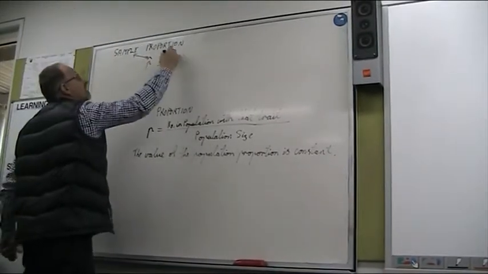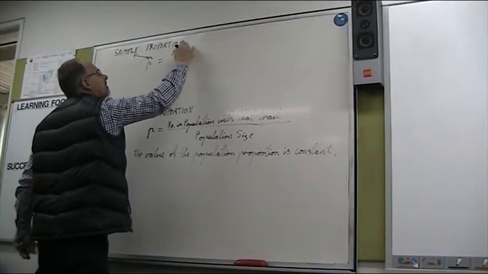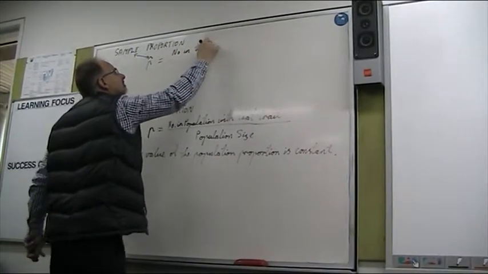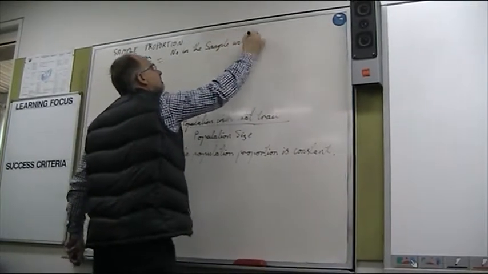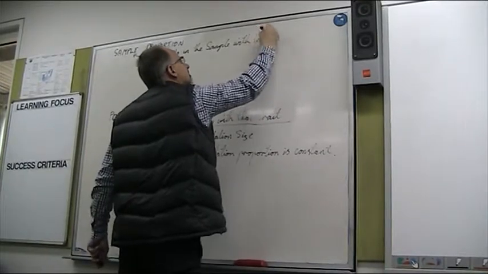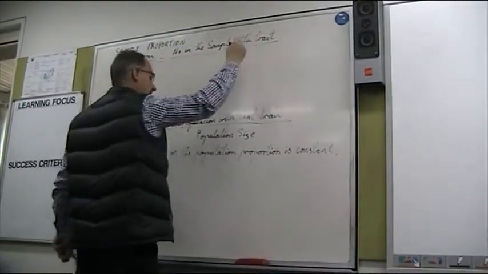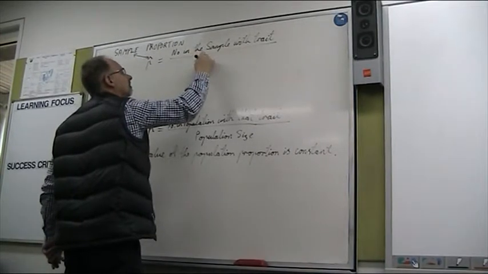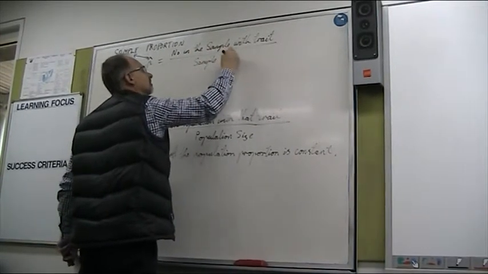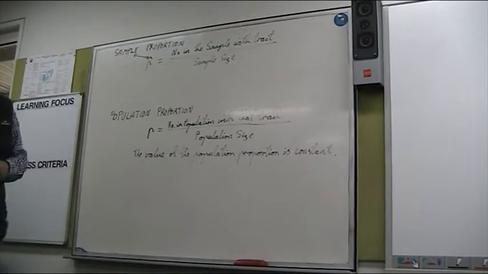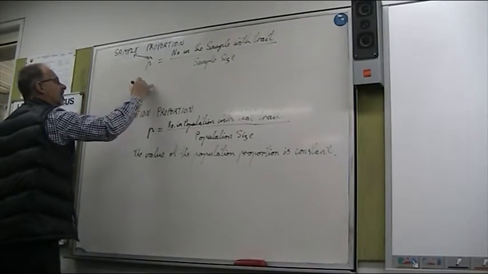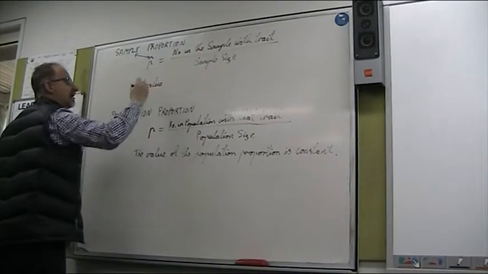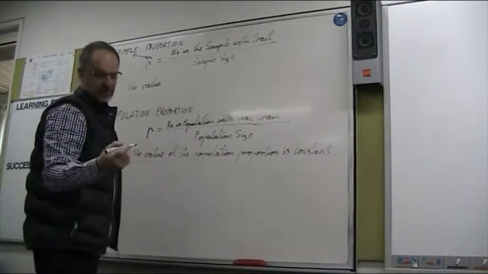All right, so we need to know the number in the sample with the trait, over the sample size. All right, and as I already mentioned, the value of this may vary from sample to sample.